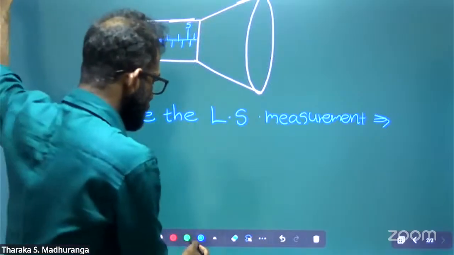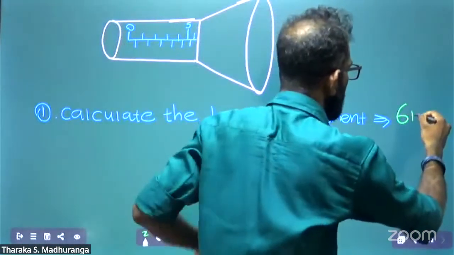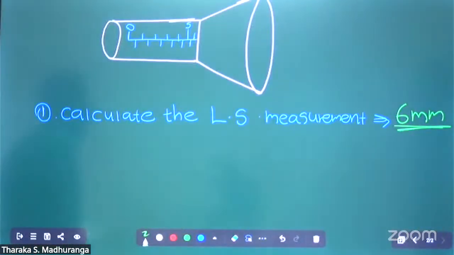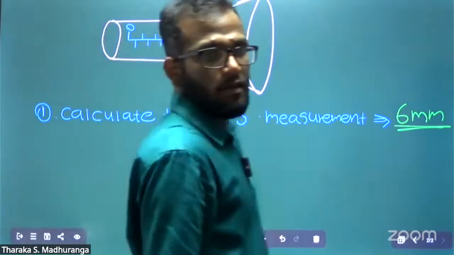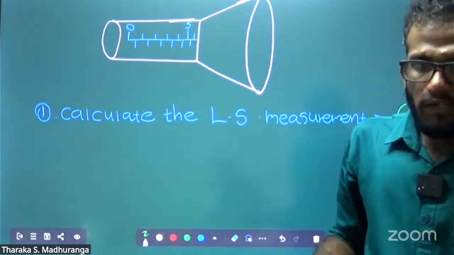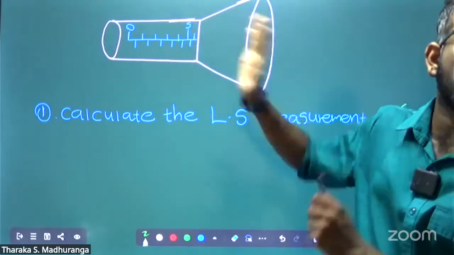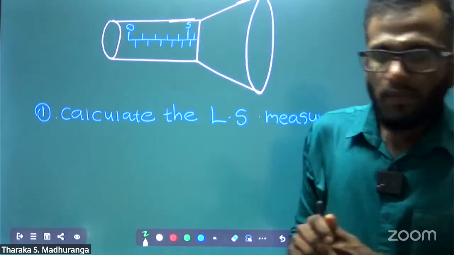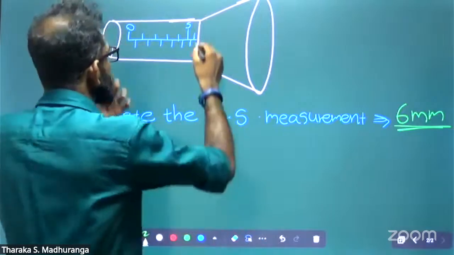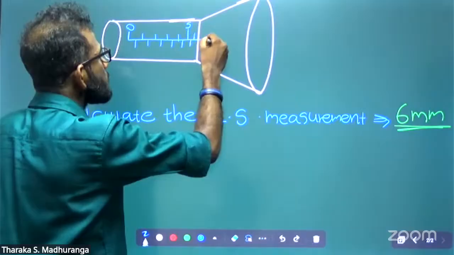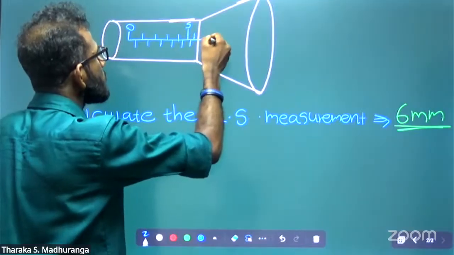Then the linear scale measurement is 6. Sandeep, understand? As the linear scale measurement, we just need to get the final measurement that we can observe in the linear scale. Okay, then after that, our second step, calculate the coinciding parts.